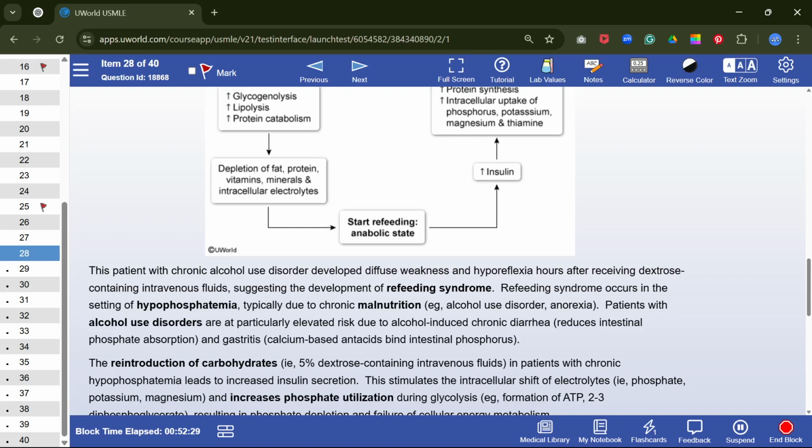The reintroduction of carbohydrate, 5% dextrose containing IV fluid, in patients with chronic hypophosphatemia leads to increased insulin secretion.